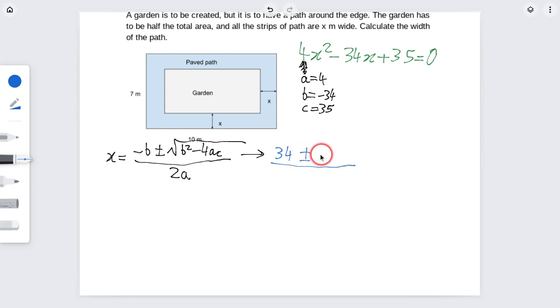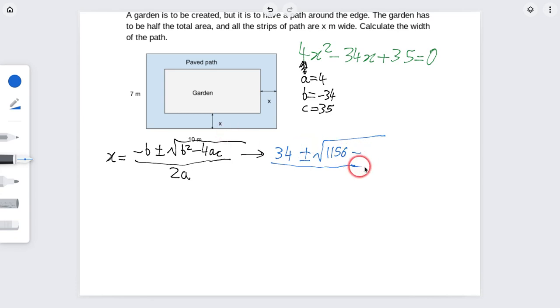Plus or minus the square root of negative 34 squared. Negative 34 squared will be equal to 1156. I'm just going to check my calculator. Negative 34 squared, yep, it equals 1156.